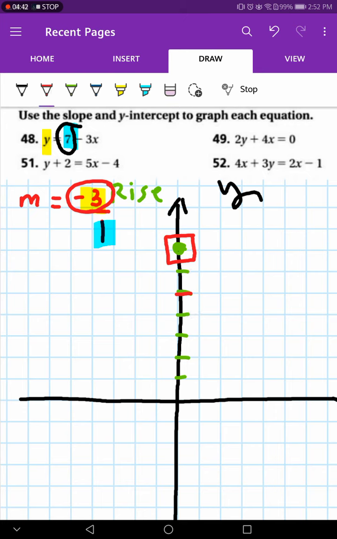Again 3 steps down and 1 step to the right, so the next point will be here. Okay, and I can now draw my line easily. But if I want to be more accurate, I can keep working with the slope, rise over run.